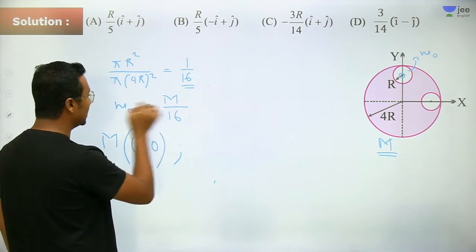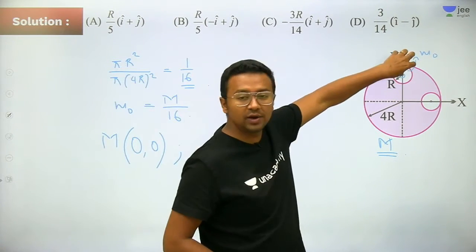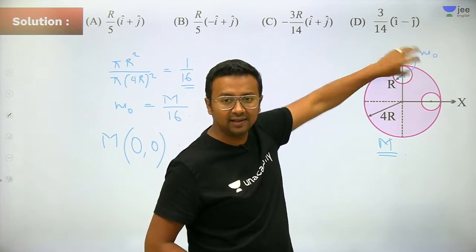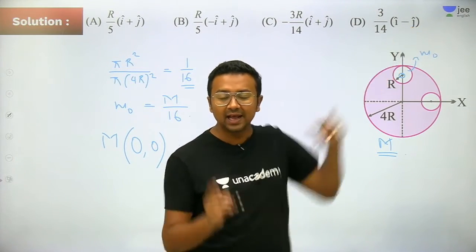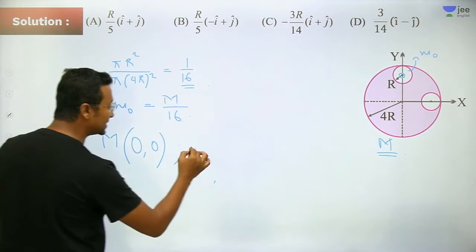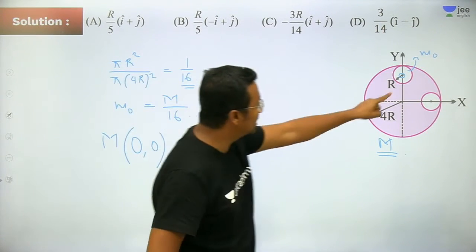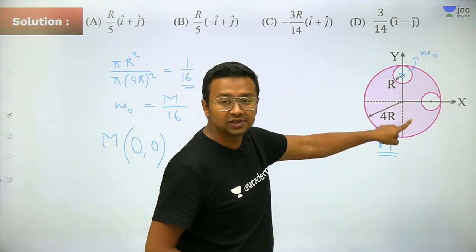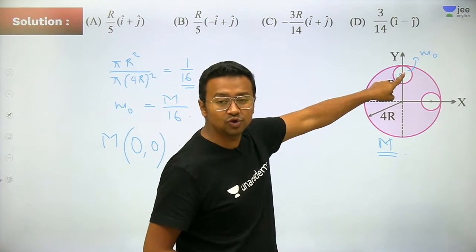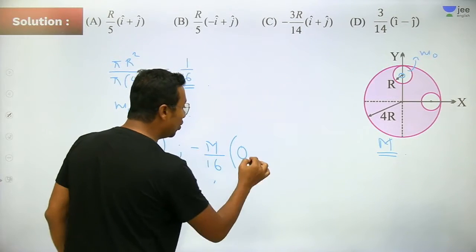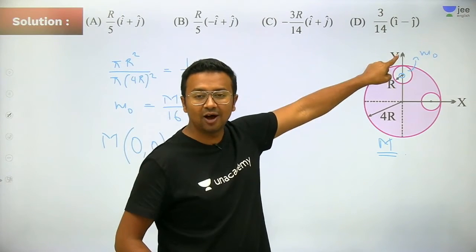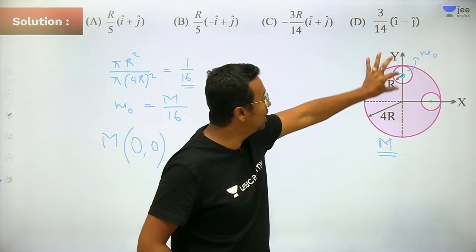The second portion, m naught out here, first we plugged it and then we took out something, right? So that is minus M by 16. Minus M by 16 will be located at which location? 0, 0, because the x coordinate of it is equal to 0. How much will be the value here? This will be 2r and this will be r.